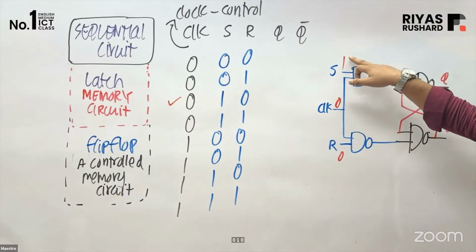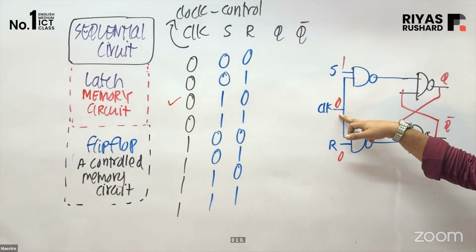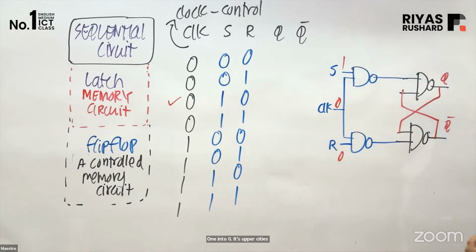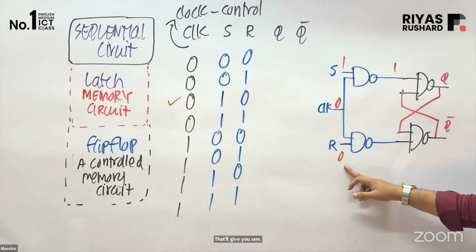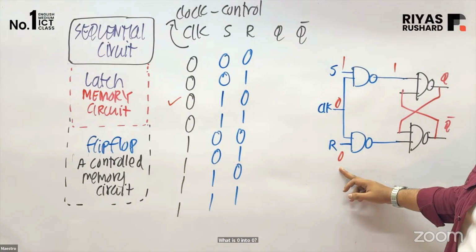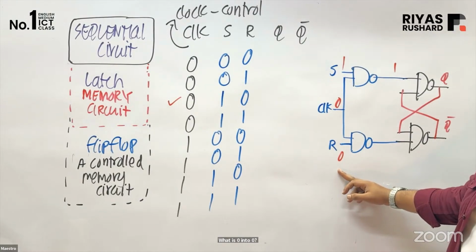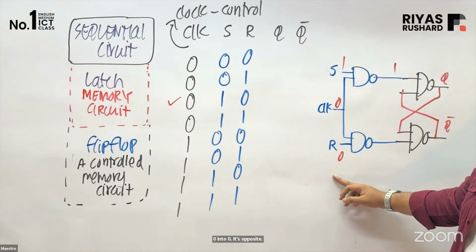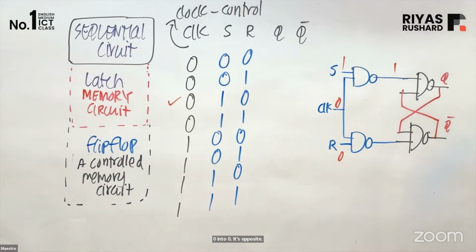Let's take 1 into 0, its opposite is, what is 1 into 0, its opposite? That will give you 1. What is 0 into 0, its opposite? That will also give you 1.